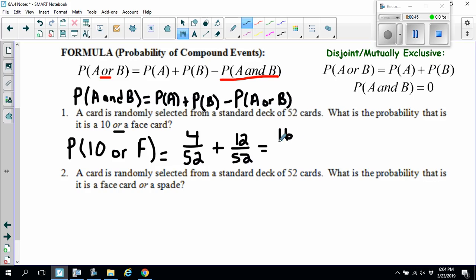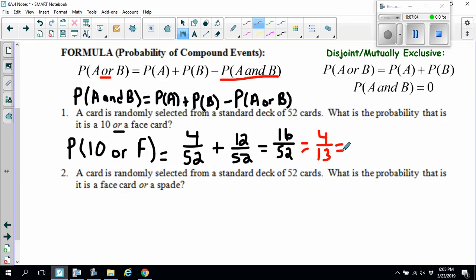But remember, anytime you get a fraction, make sure you simplify it all the way. So let's simplify this. Because 4 can go into 16 and 52, we get 4 out of 13. Or you can also write your final answer as a decimal.